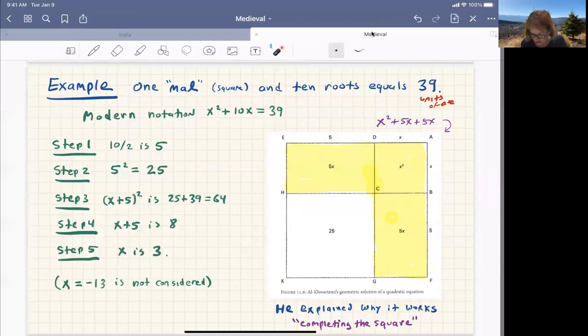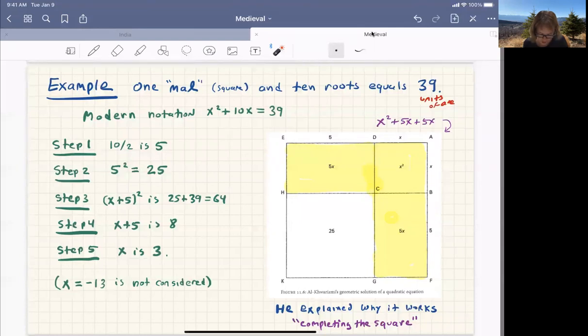In order to complete the square, we notice that this is 5 and this is 5. So this square must be a 5 by 5 square. So in order to get a complete square, we have to add on the 25, and we already had 39 here. So that's where this comes from. And so now this whole square is x plus 5 squared.